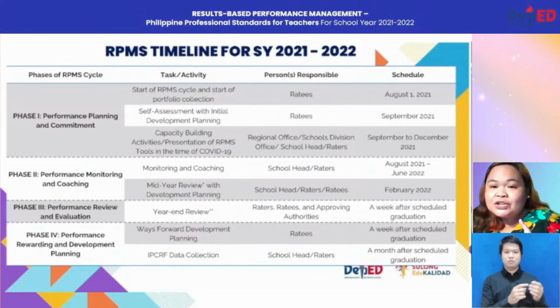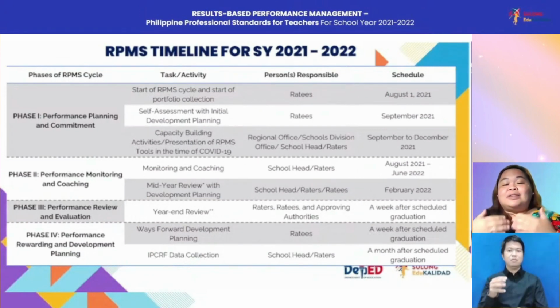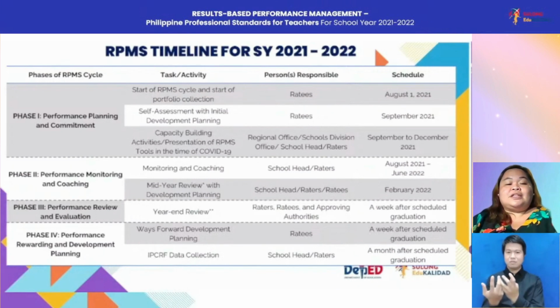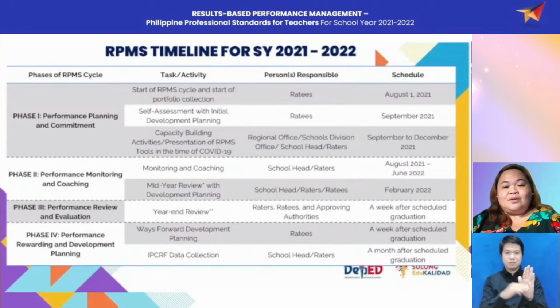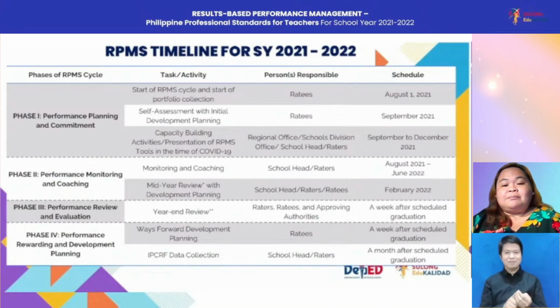So, if teachers were able to gather MOVs prior to the issuance of the DepEd memorandum, and these MOVs are aligned with the indicators for school year 2021-2022, then they may submit them as MOVs, provided po aligned siya with the specific indicators for this school year. Okay? So yan po yung isa po nating clarification about this schedule and timeline of RPMS-PPST for school year 2021-2022.